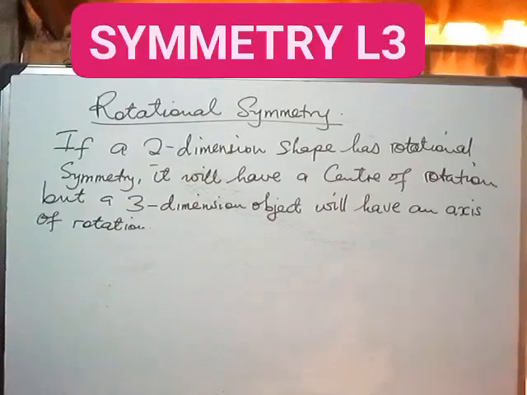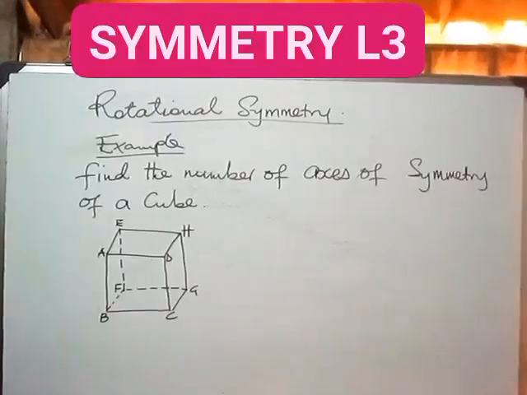So we see how best we can answer this question, looking at the rotational symmetry of the three-dimensional object. We have this cube. The question is, find the number of axes of symmetry of a cube.